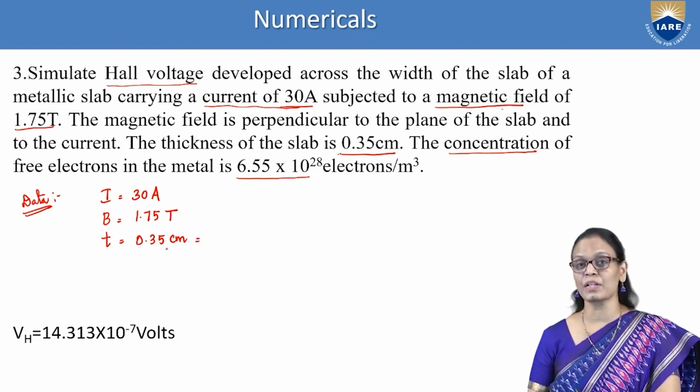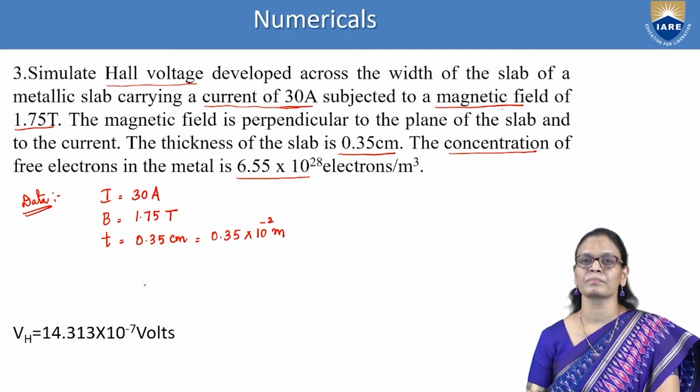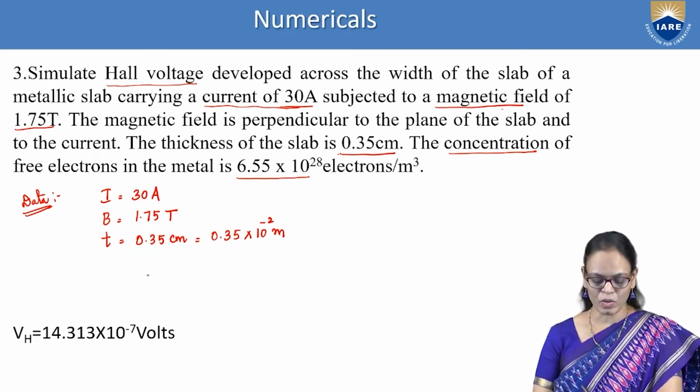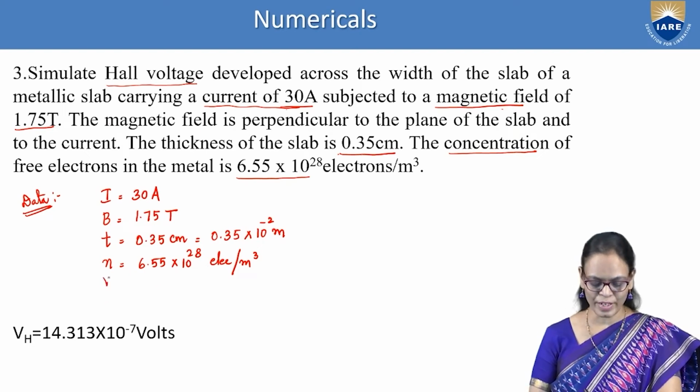So we need to convert this centimeters into meters. So this is 0.35 into 10 power minus 2 meter. Thickness. Then the concentration of electrons is given by N is equal to 6.55 into 10 power 28 electrons per meter cube. What we have to calculate is the Hall voltage.